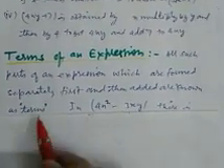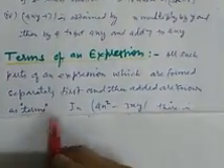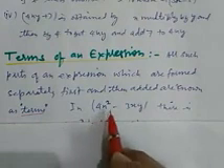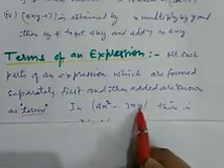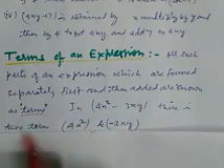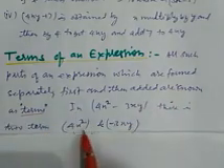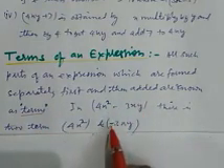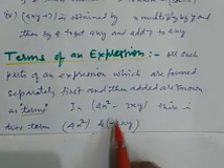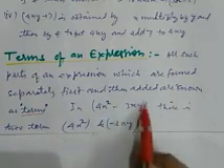Let us take an example, 4x square minus 3xy. There are two terms, 4x square and 3xy with the negative sign, that is, 4x square and minus 3xy.